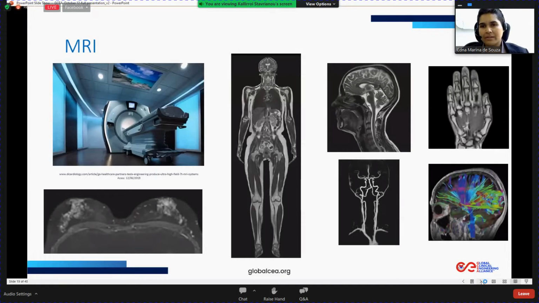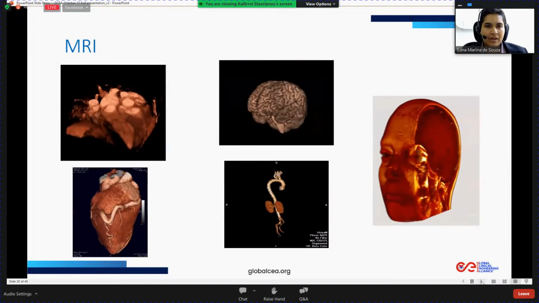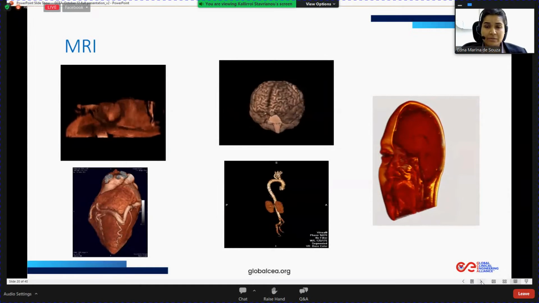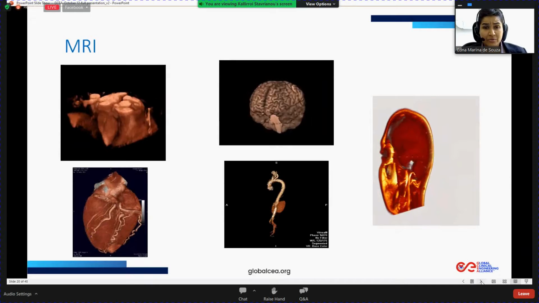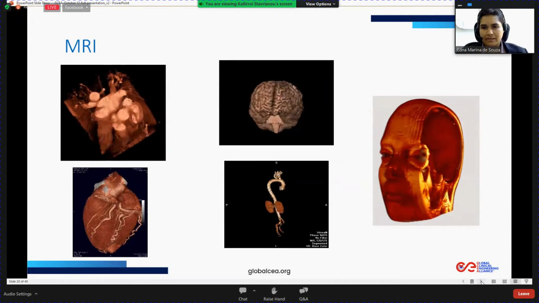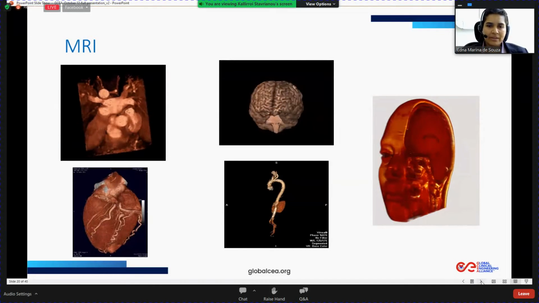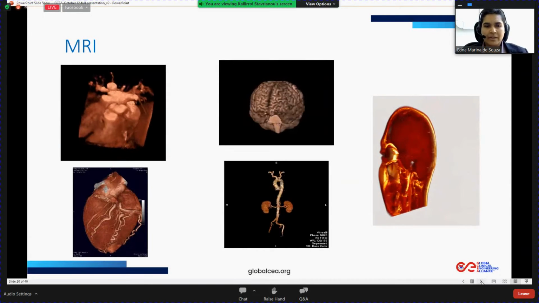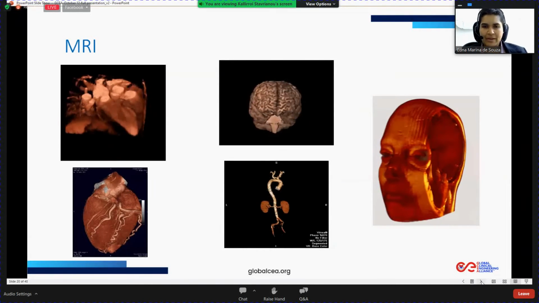And here we have some examples of these images. Next, please. Here we have other examples of 3D MRI reconstructions of brain, kidneys, and heart, showing the high level of details of the structures reconstructed. Next, please.